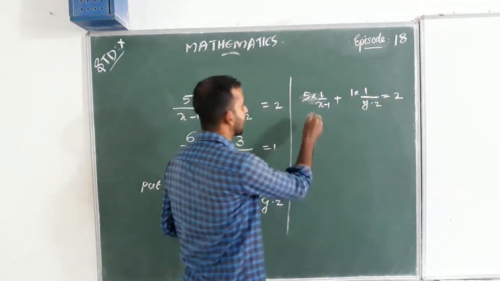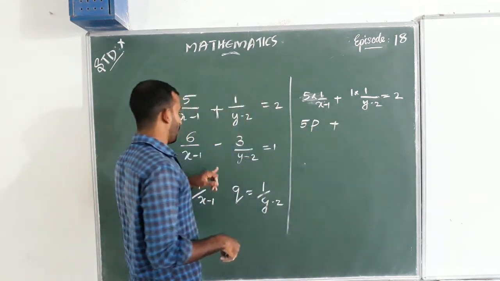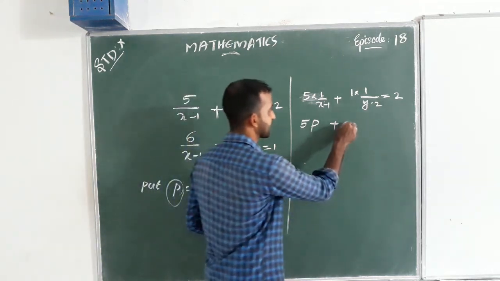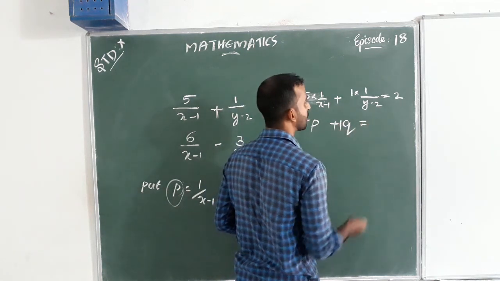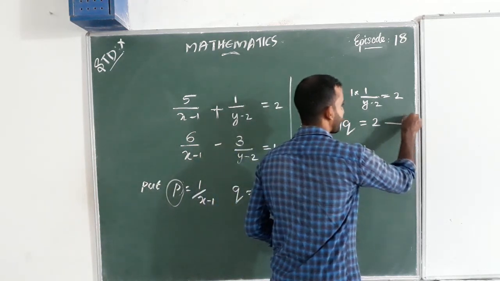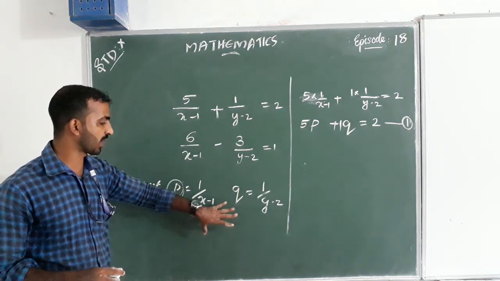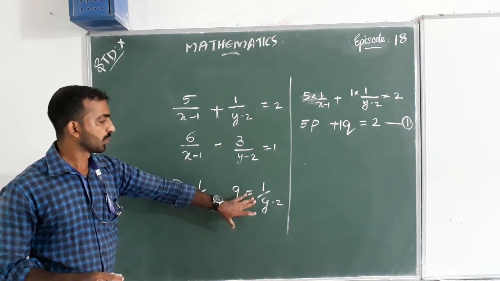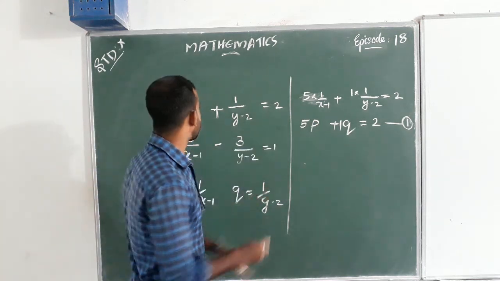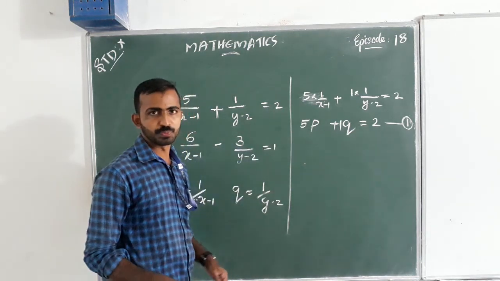That is 5 into p plus 1 by y minus 2, which is q, that is 1q, equal to 2. This is our equation number 1. We can rewrite the first equation as 5p plus q equal to 2.